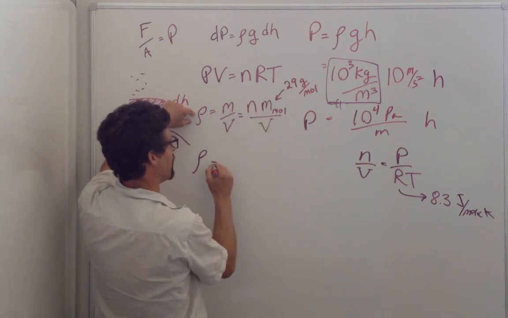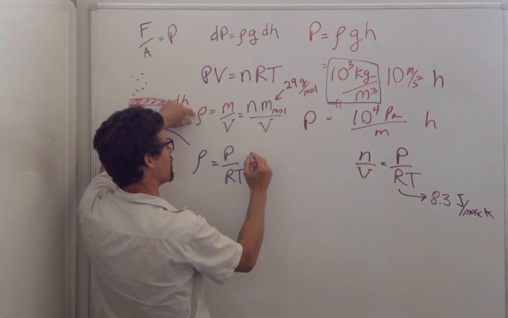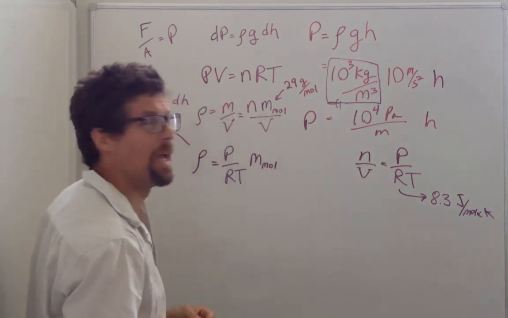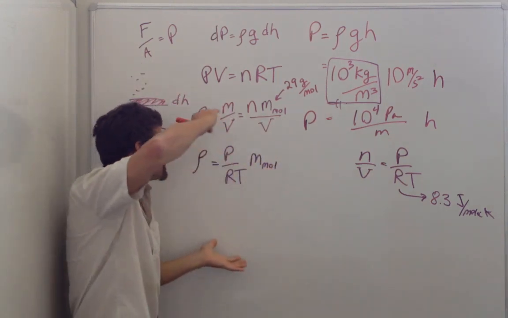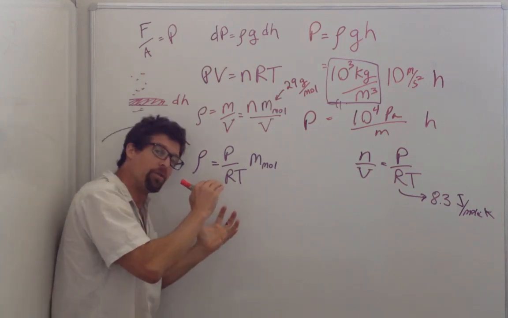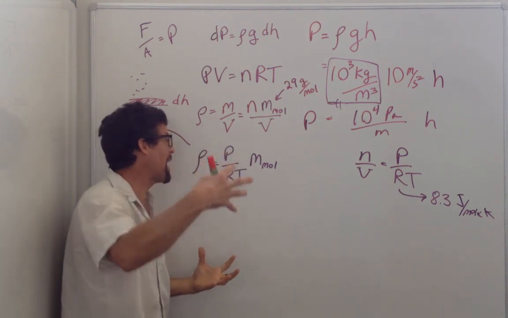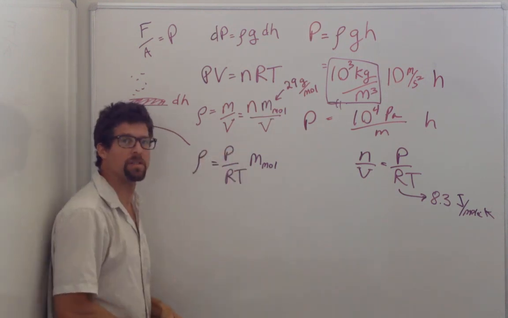It's N over V, which is P over RT, times the molecular mass. And this makes sense. We see as the pressure gets bigger, the density is going to increase because you compress the gas down. As the temperature gets bigger, the gas will expand and its density will decrease.